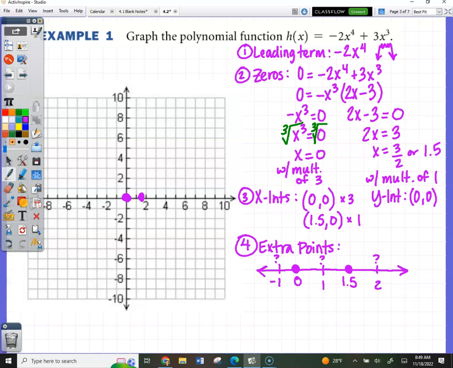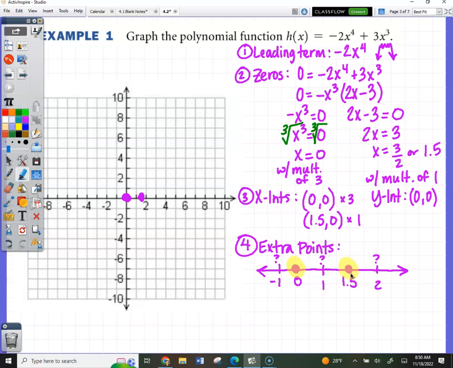You want to check a number in each section. If you look at your x-intercepts, how many sections did it just cut the number line into? 3. So you need a number from each section because you need to know where the curve is.